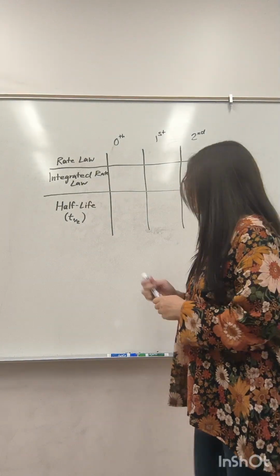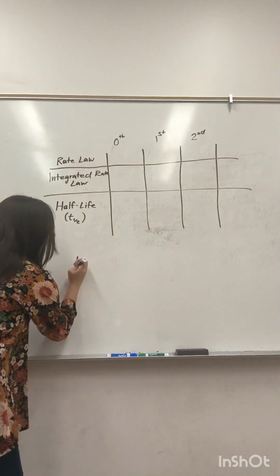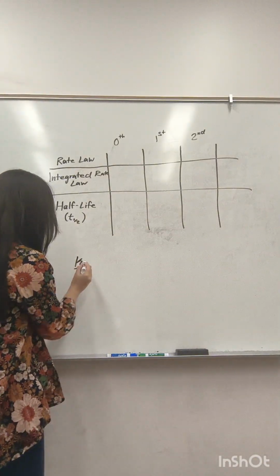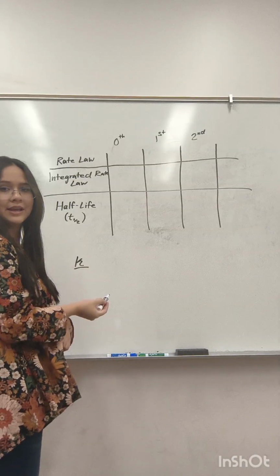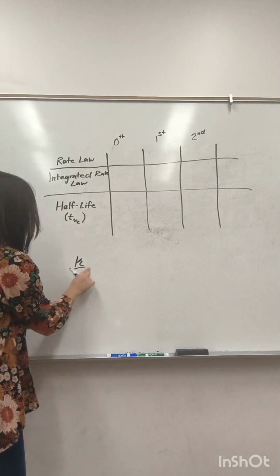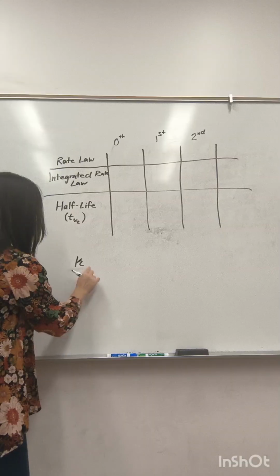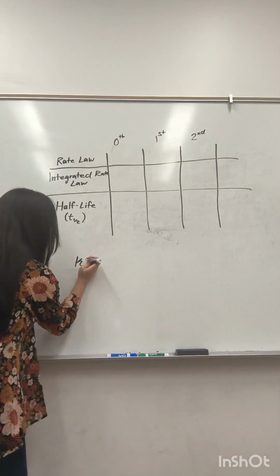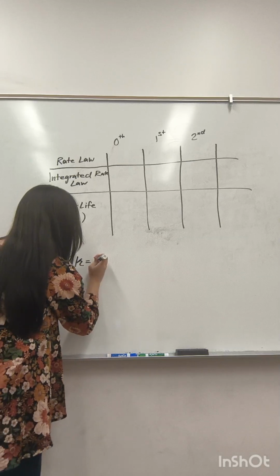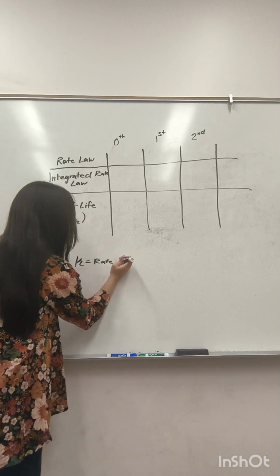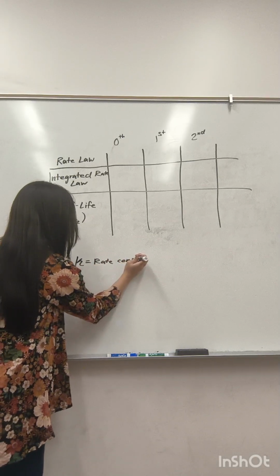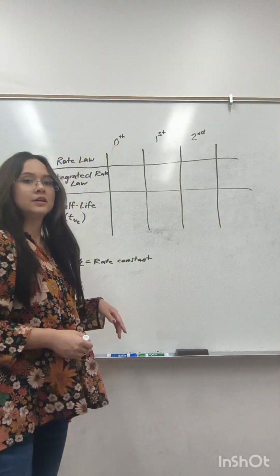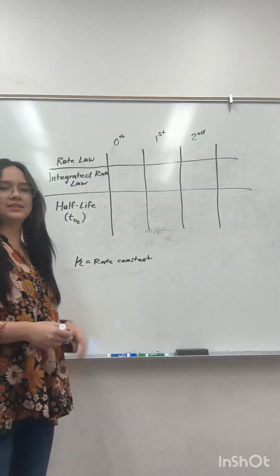And also, just as a general thing, k for us in this instance is lowercase k. Usually I'll put an underline if it's the capital K, but that is for equilibrium, so we want to make sure we can differentiate if it's lowercase or capital. All right, k is the rate constant.